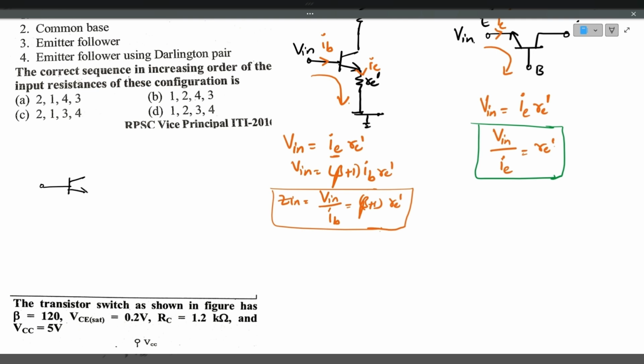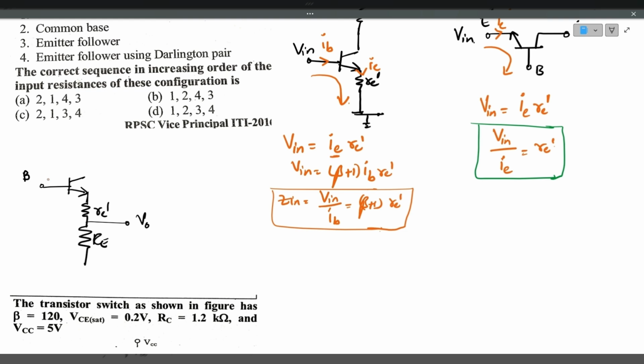So input is the base, output is the emitter itself. So output is taken across the emitter. We cannot keep the emitter as a short circuit. We have to place RE, emitter resistance. So here, how many resistances do we have? Here we'll have two resistances. One is a small emitter model resistance, and another one is emitter resistance. So both will be there. So output is collected across the emitter resistance.